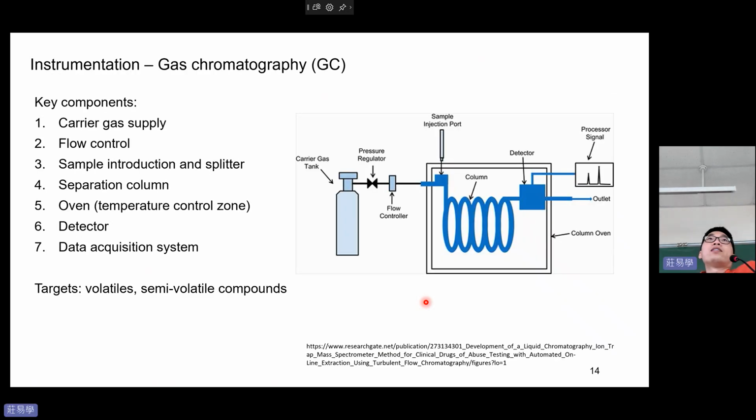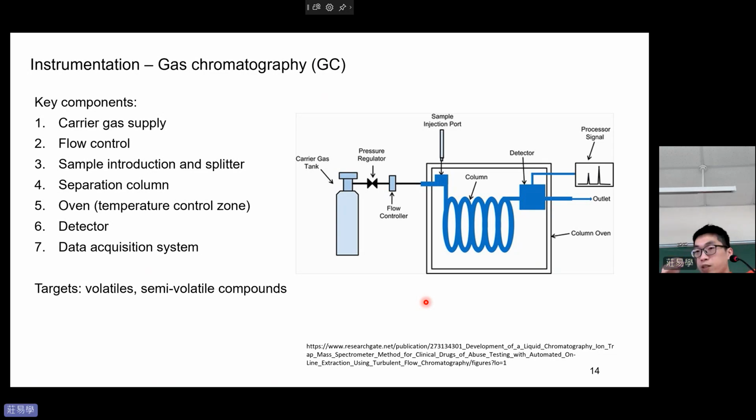All right, so far I have been introducing the key terms related to chromatography, not only limited to gas chromatography or liquid chromatography, but for all kinds of chromatographies. These concepts can be used for different kinds of chromatographies, including liquid chromatography, gas chromatography, and ion chromatography.